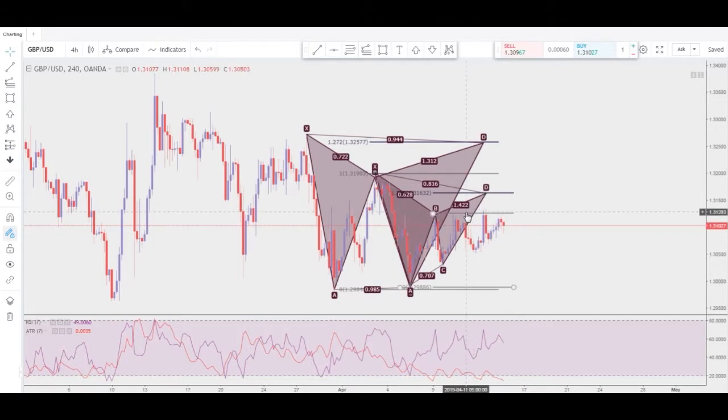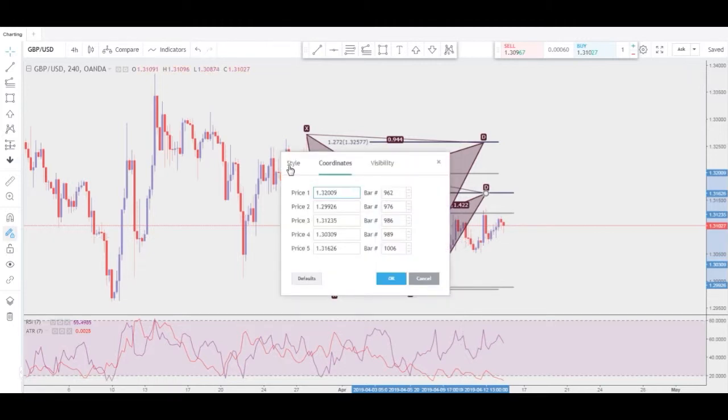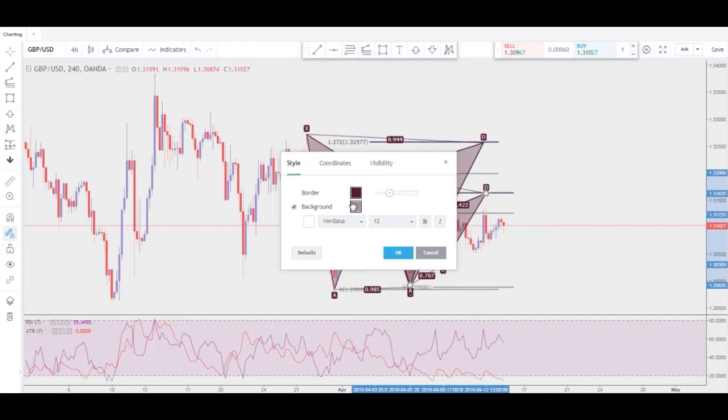Let's change the color on this anyway, to a brighter color. You'll be able to see it clearer. So let's go to background and let's turn it into green.